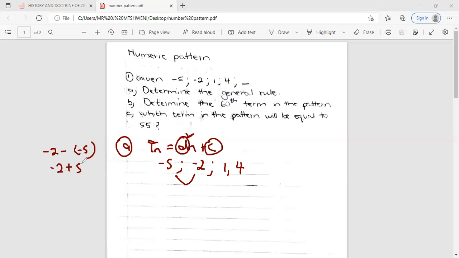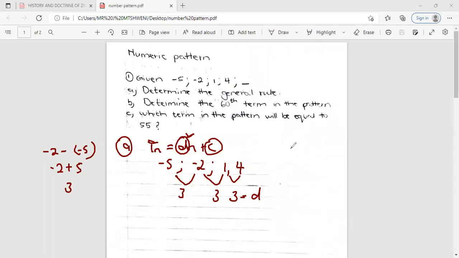Minus -5 becomes plus 5, so we get 3. Then term number 3 minus term number 2, which is 1 minus -2, gives us 3 automatically, because a negative and a negative make a positive. 1 plus 2 is 3. And 4 minus 1 is 3. This is equal to D, which means our D is 3.